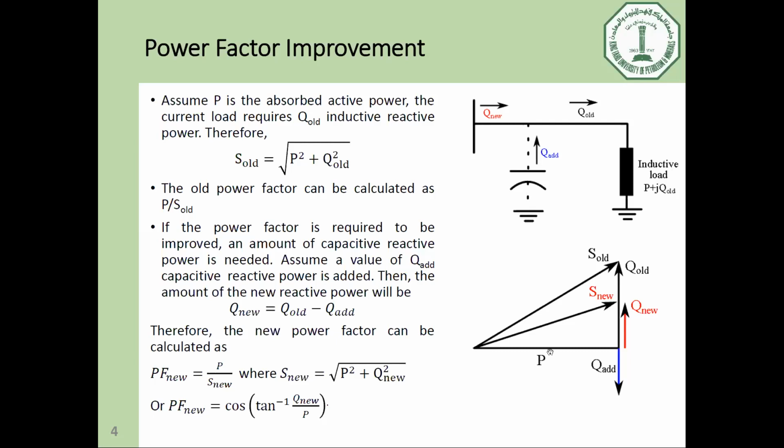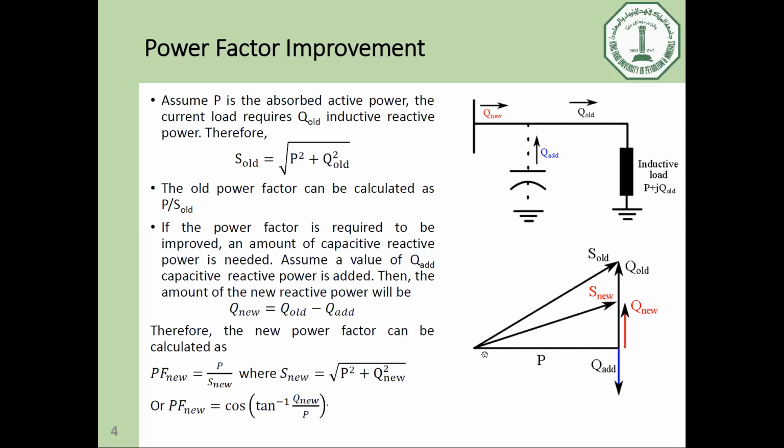So the new power factor will be equal to P divided by S new, or you can calculate it in a different way, which is power factor new equals cosine of the angle, which is this angle. What is the angle as a function of the new reactive power? The angle equals tan inverse of Q new divided by P. So we can say the new power factor equals cosine of tan inverse of Q new divided by P.